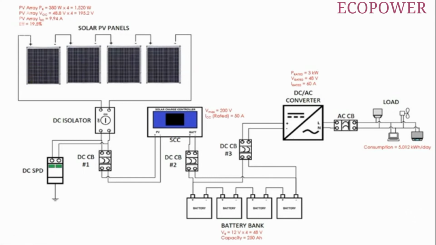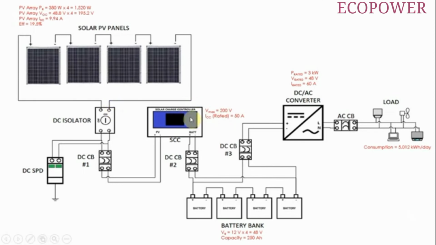So the current output of the solar panel array is around 12.425 amps, and the voltage output is 195.2 volts. These values are within the operating voltage and current of our chosen solar charge controller.